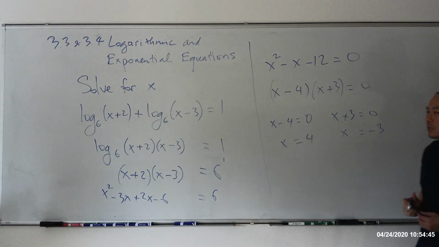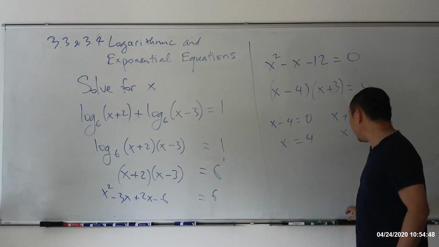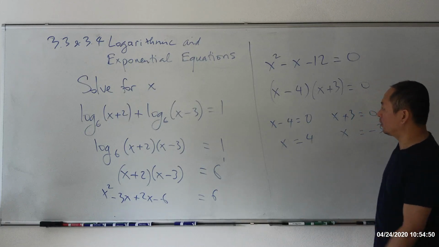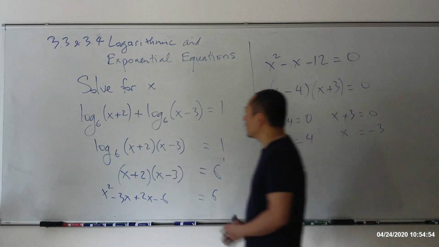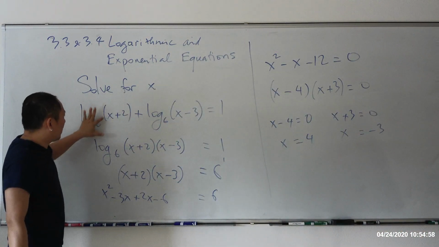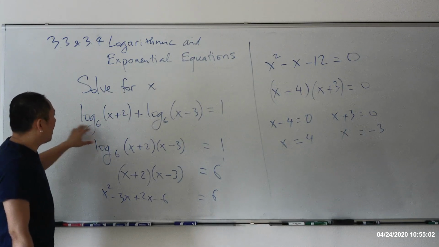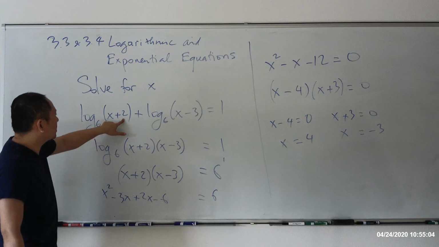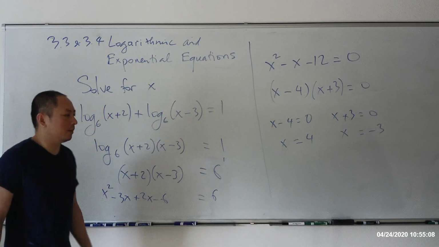Okay? Those are two possible solutions. They may not be all solutions for the problem, because one condition for the log that you have to check is what? Whatever number is inside the log needs to be a positive number. So you have expressions right here. Make sure that x plus 2 needs to be a positive number, and also x minus 3 needs to be another positive number.